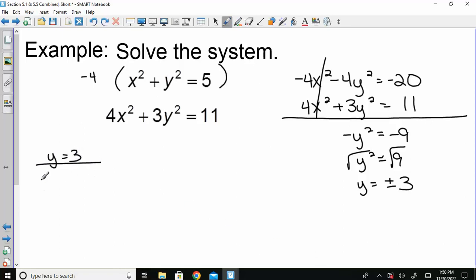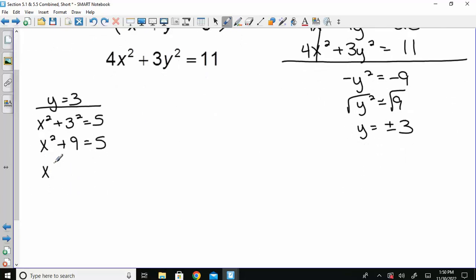So if I plug that in, in the first one, we get x squared plus 3 squared equals 5. If I subtract my 9, I get negative 4.